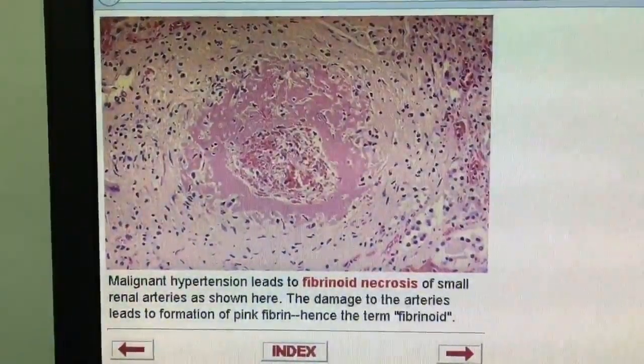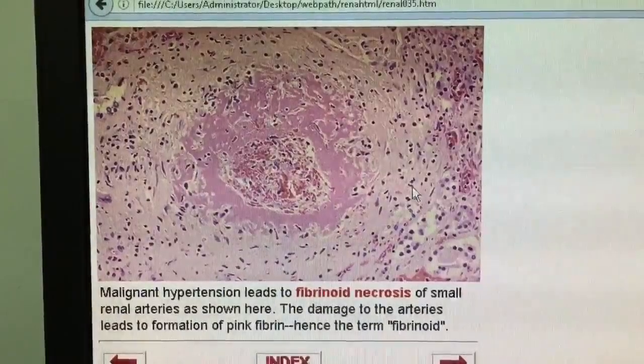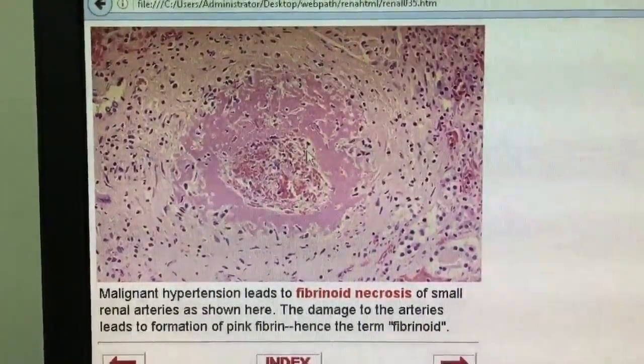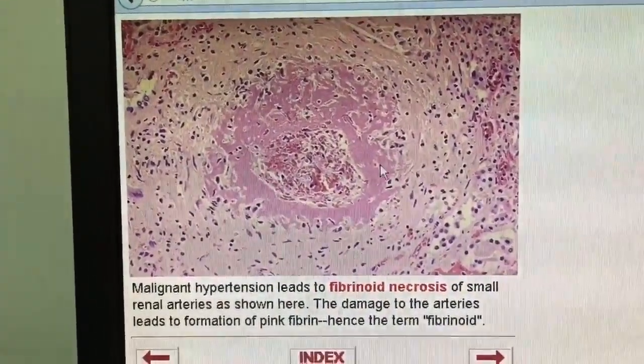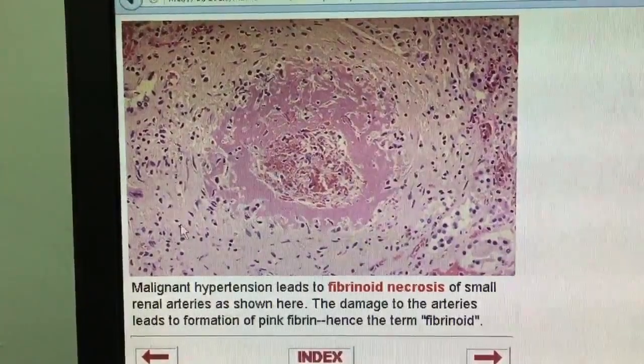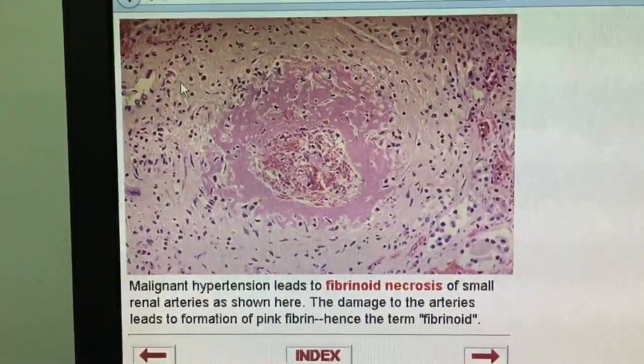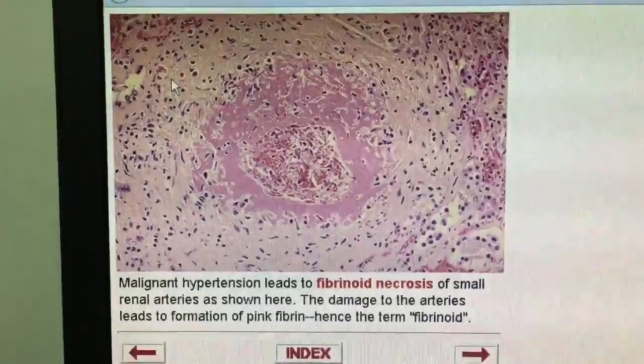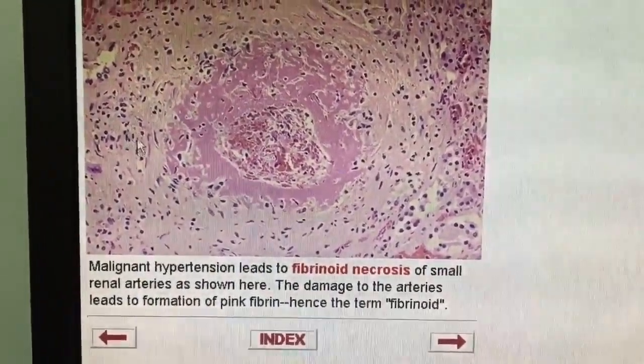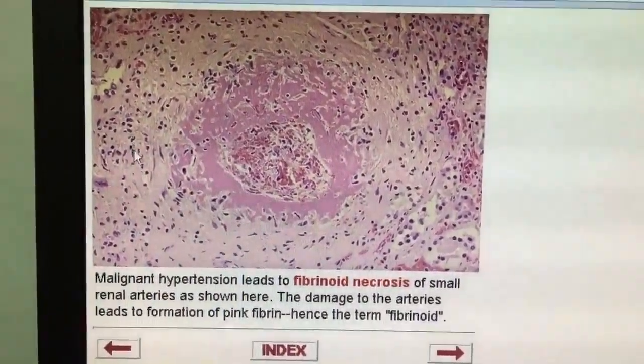Microscopic examination will show either fibrinoid necrosis of the blood vessel wall with formation of a thrombus within the lumen, and infiltration of the blood vessel wall by inflammatory cells with karyorrhectic nuclei.